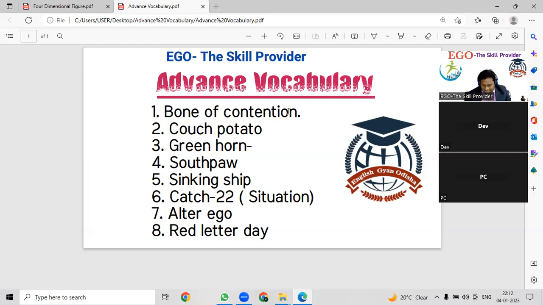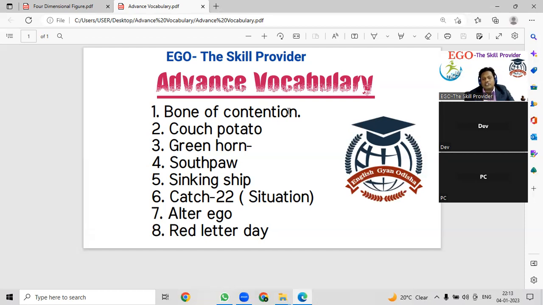You can say I am a greenhorn in software development. Suppose I joined a software development company 5 months ago, I won't have that much experience, it will take 1 or 2 years to master everything. Then I can say I'm just a greenhorn in software development. That means I'm learning the tricks of writing.